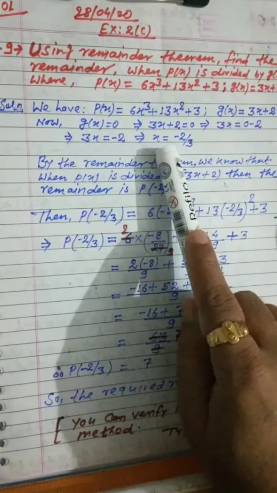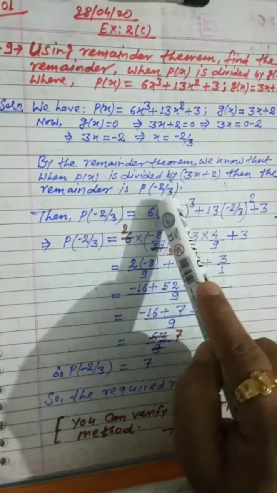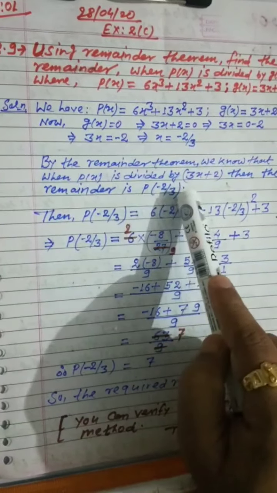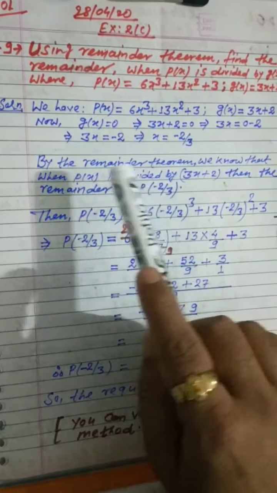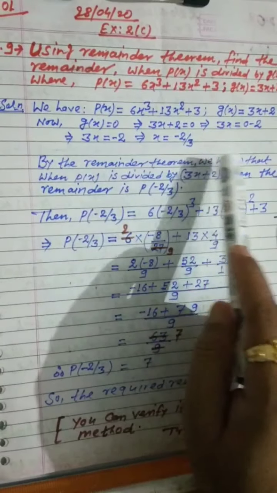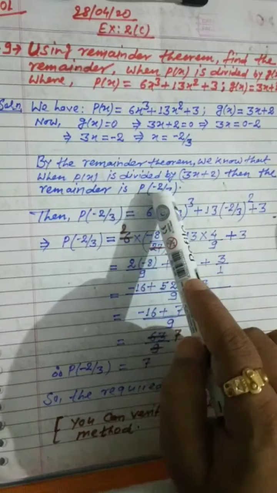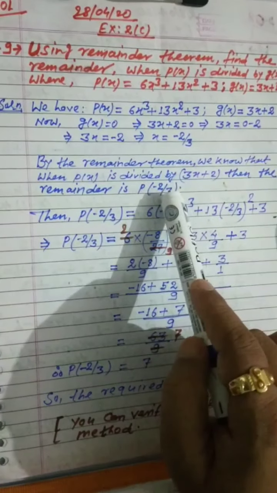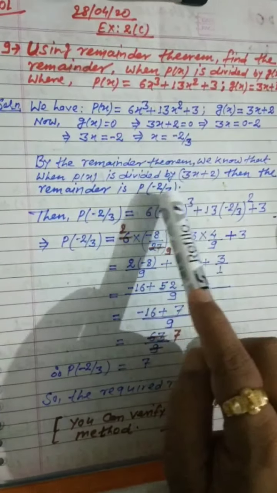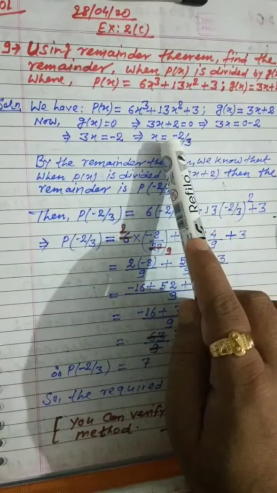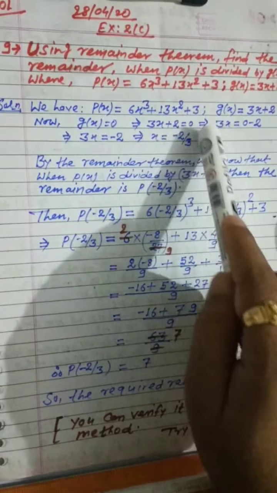So here the value of x that came out is your alpha. Recall the statement of the remainder theorem. By the remainder theorem we know that when p(x) is divided by x minus alpha, then the remainder will be p(alpha). That means the value of the polynomial at x is equal to alpha. So here the value of alpha will be minus 2 by 3.